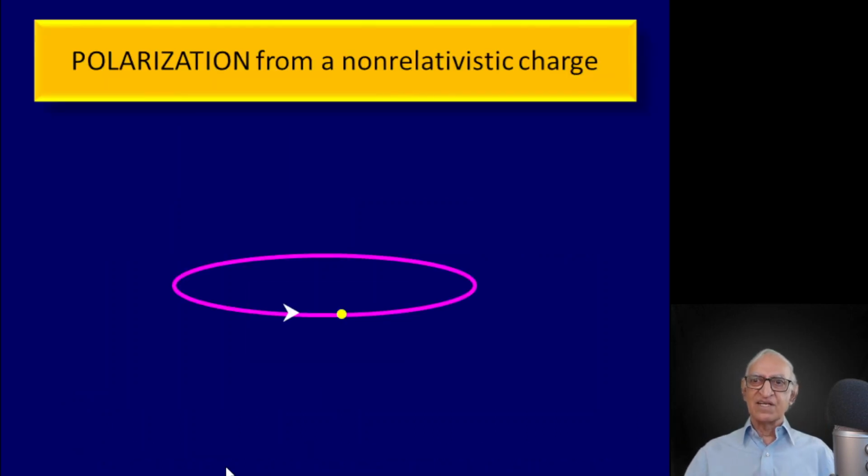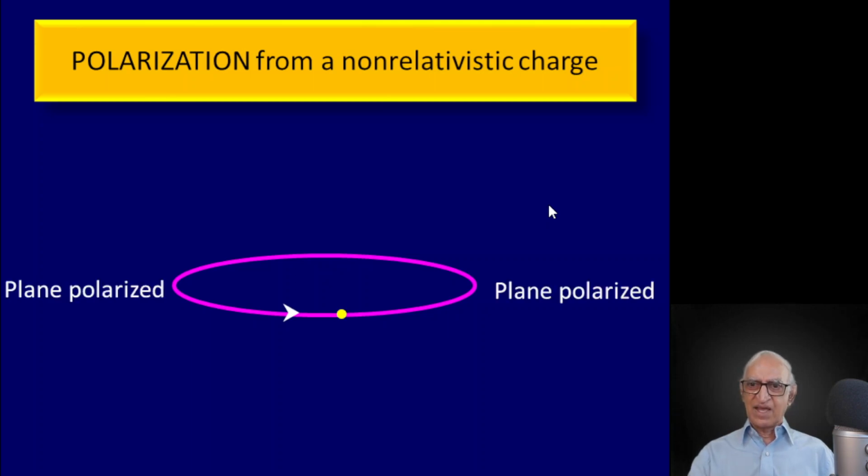Now let us consider the polarization from a non-relativistic charge. Remember, in the dipole approximation, you have to assume that the charges are moving with velocities which are small compared to the speed of light. So what is the polarization of this radiation? Let us say a particle is moving on a circle. Let this be the top of the table where your laptop is located. Now, if you go down and look at the plane of the orbit, then I will not see circular motion.